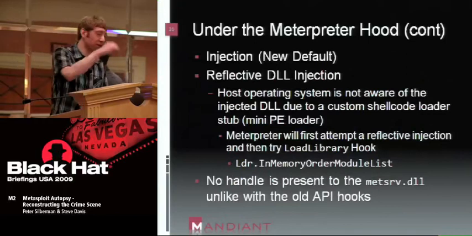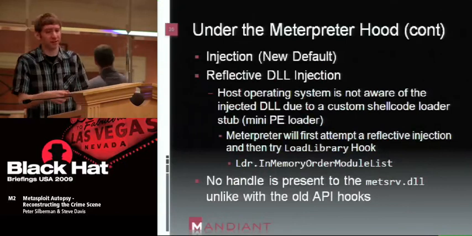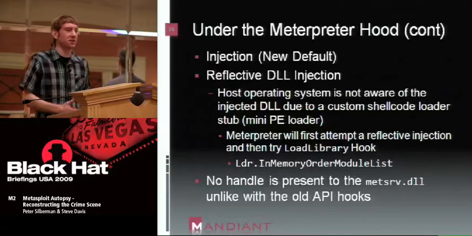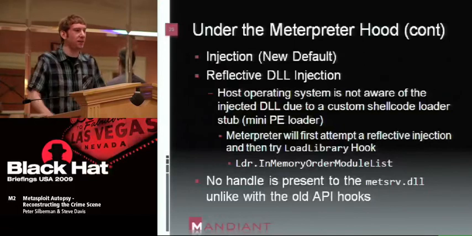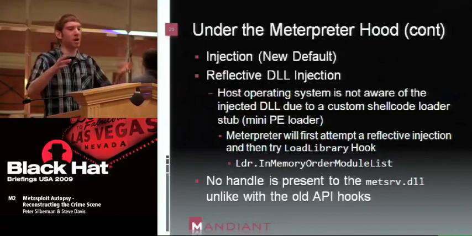That old way was originally developed by Skape and JT. The new way, which is reflective DLL injection, was developed by Stephen Fewer. So what happens now in the reflective? The host operating system is completely unaware that anything just happened to it. It's the same process. We have a staged payload.